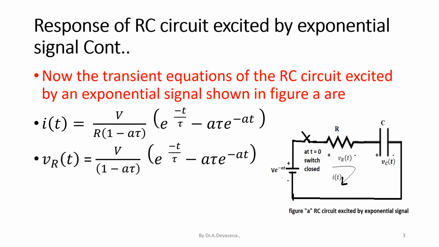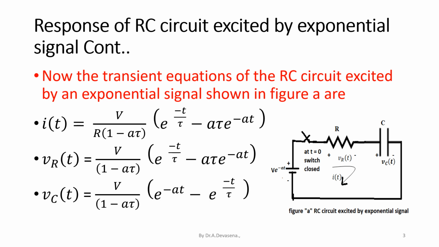And the voltage drop across the resistor is equal to V divided by 1 minus a tau into, open the bracket, e power minus t by tau minus a tau e power minus at, close the bracket. And the voltage drop across the capacitor is equal to V divided by 1 minus a tau, the whole multiplied by, open the bracket, e power minus at minus e power minus t by tau.